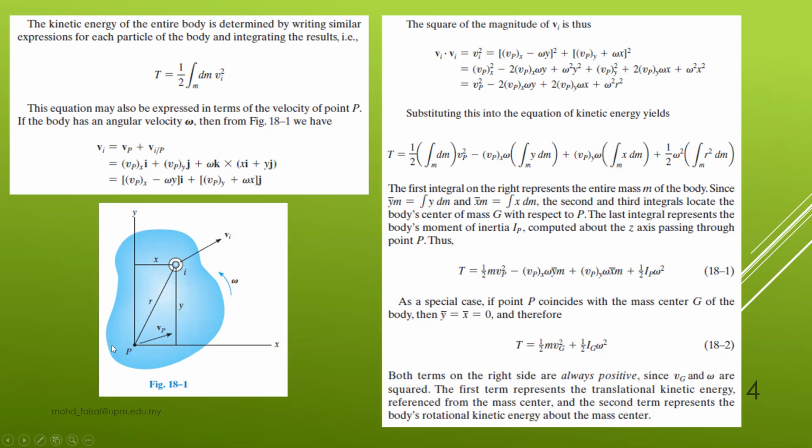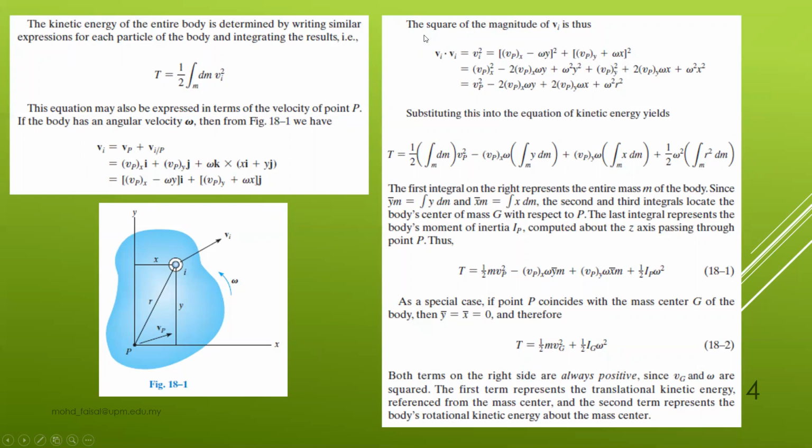Imagine that down here you have a point P. If the body has an angular velocity omega, this is the whole body, the blue color here, and this is the omega, the rotation, then we have vi is equal to vp plus vi with respect to p, and you can expand it like so.